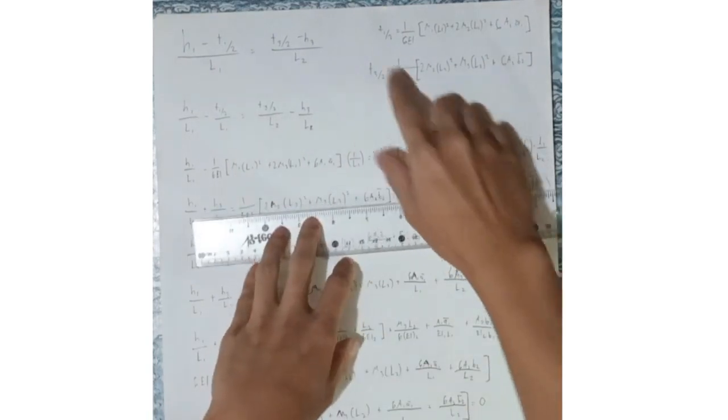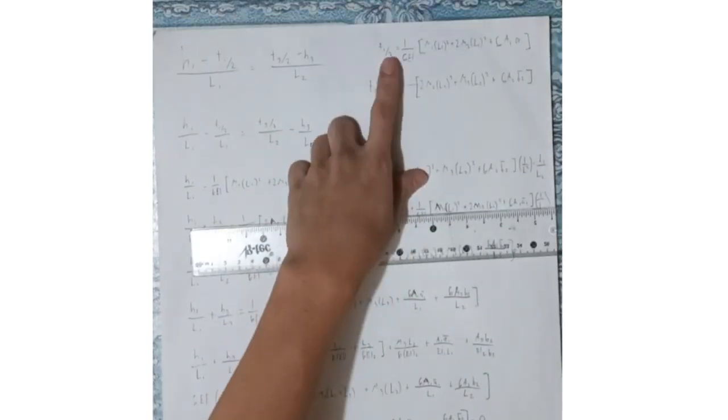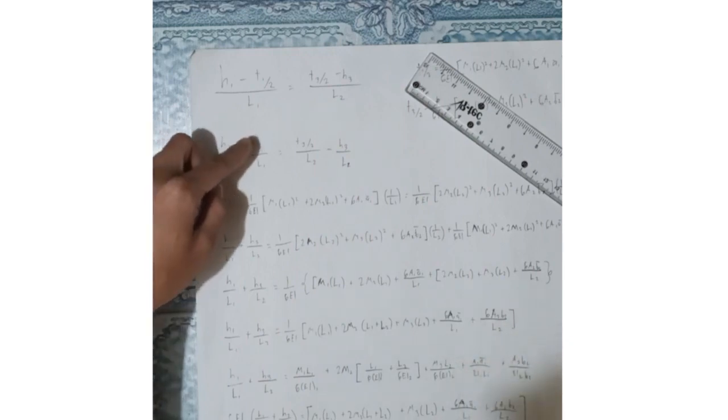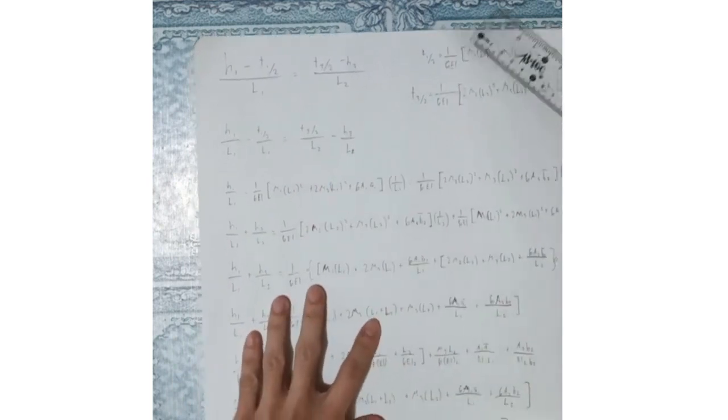So after getting the division 1 due to tangent 2 and division 3 due to 2, we will substitute it using this ratio proportion formula. So we simplify it by using this one, h1 over l1 minus t1 over 2 over l1 division of 3 over 2 over l2 minus h3 over l2.